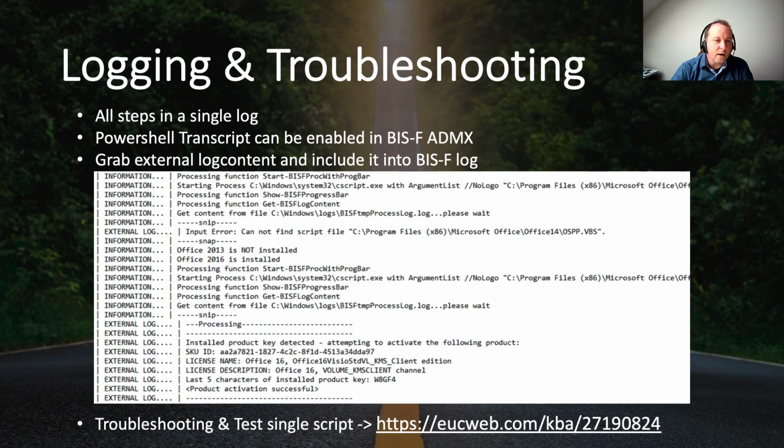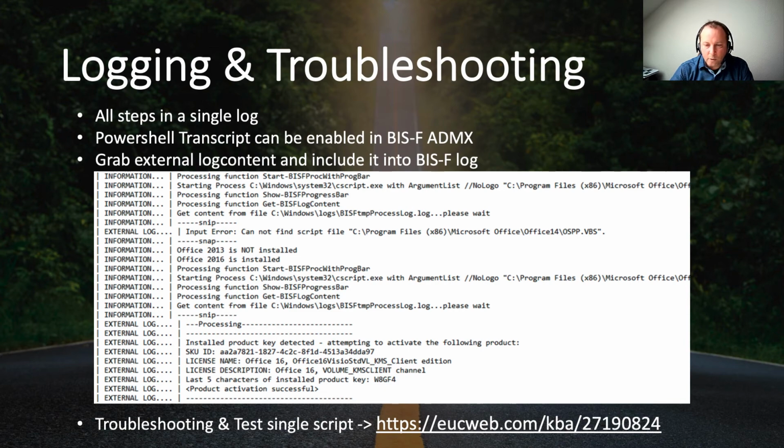As you can see here, all items that run through BIS-F are logged in this single log. That means you can do your troubleshooting. If you extend BIS-F with your own script, you can see all these items in this single log file.